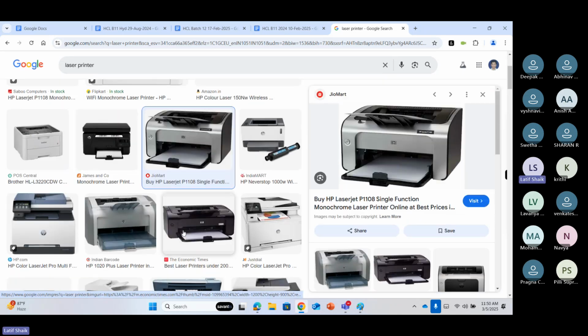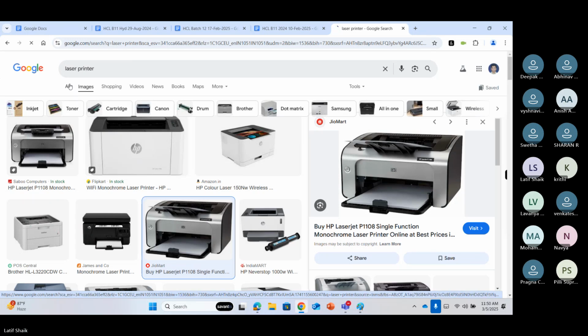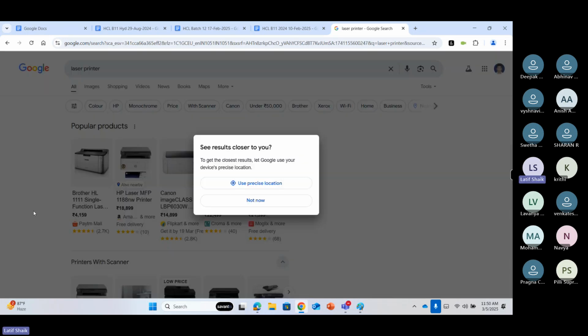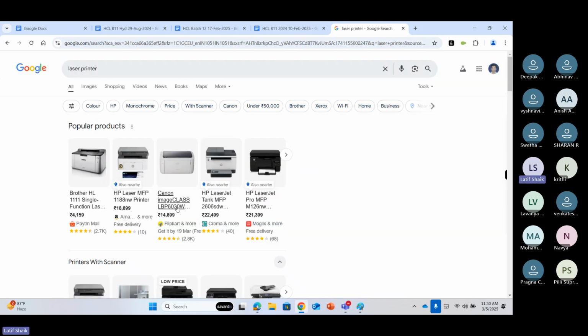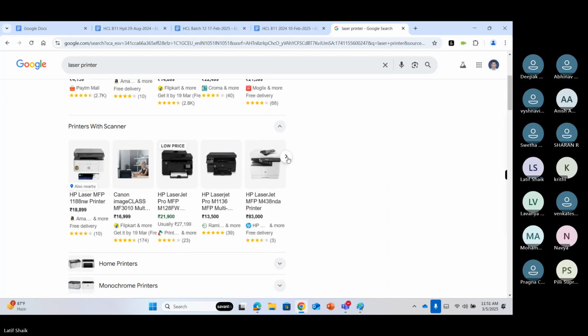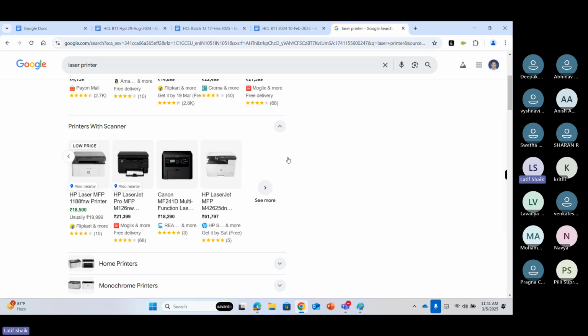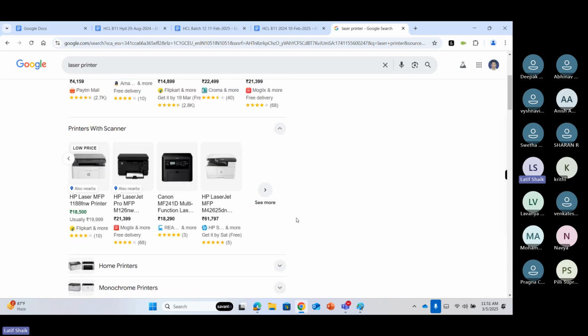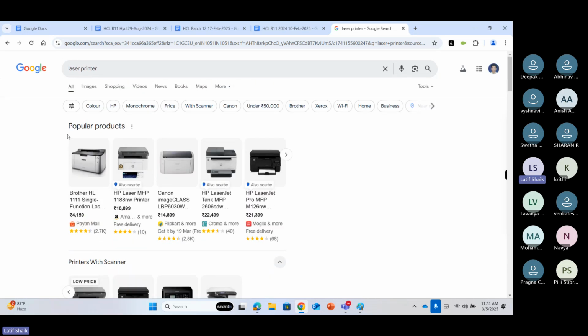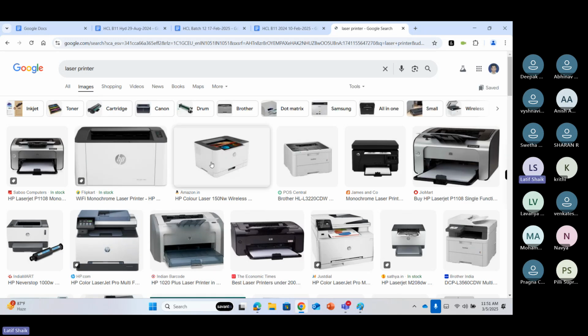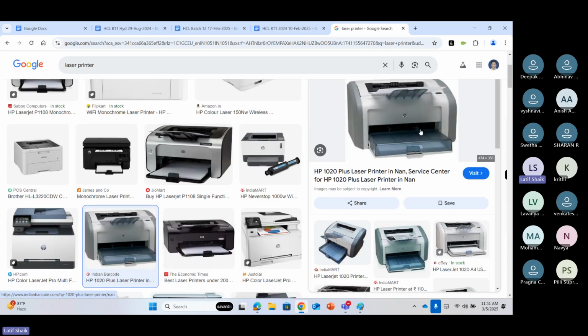We have to check it on Flipkart or Amazon. A Brother single function one is also there at 4,000 rupees, which is good, but see the cost with the additional functionality. A normal HP printer itself is 8,000 to 9,000 rupees, depending upon the model. It is mainly used in offices.